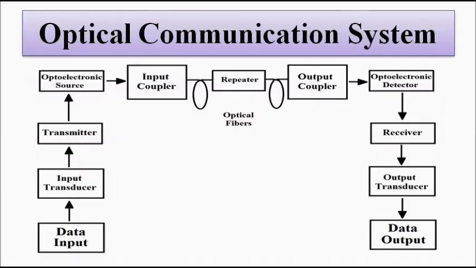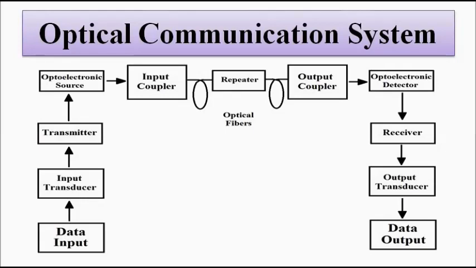The optical communication system or the fiber optics communication system. So this is the basic block diagram representation. Now in every communication system, the main purpose is to send data from one point to the other, from the source to the destination, from sender to receiver.